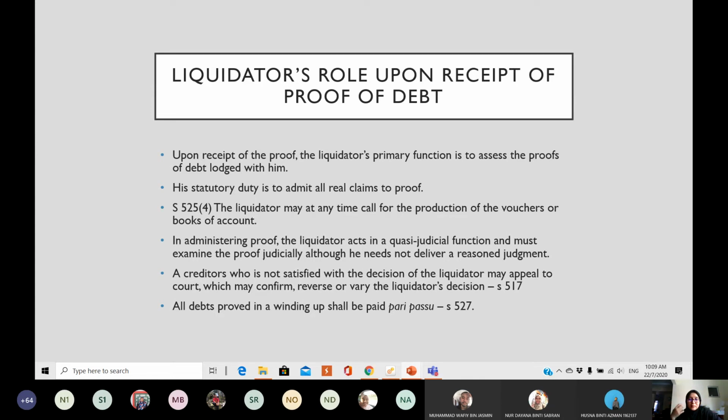Maksudnya mungkin there is an affidavit which claims that the company is indebted to the creditor, tapi there is no sufficient proof to that. So in such a situation dia boleh tolak lah the POD. Dia panggil POD selalunya, proof of debt. Okay, the liquidator may at any time call for the production of vouchers or books of account. So dia boleh call for further evidence to be supplied for the proof of debt. Okay, so that is the POD.